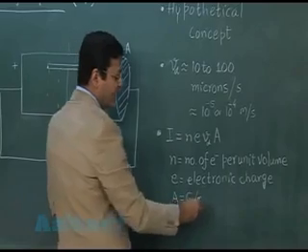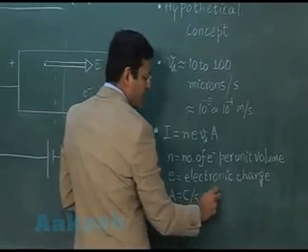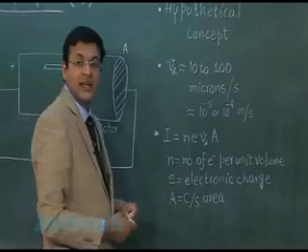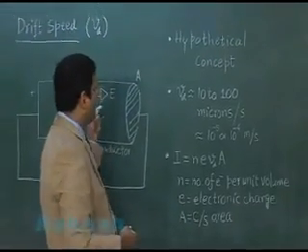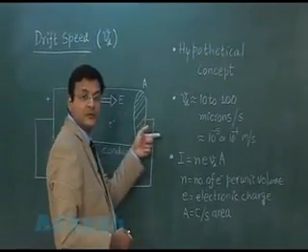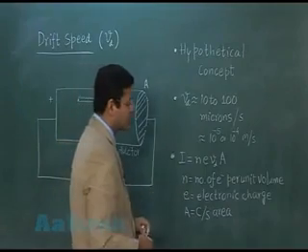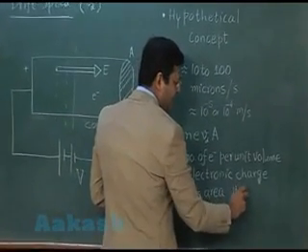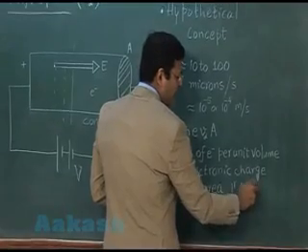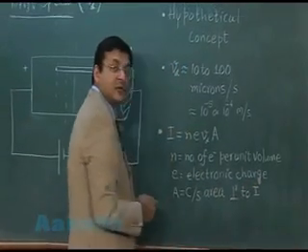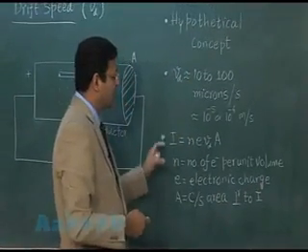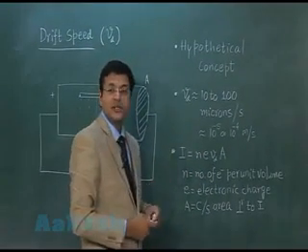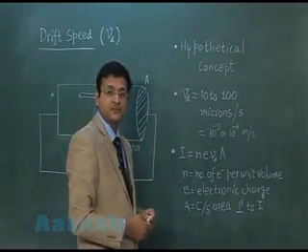This is cross sectional area. And be careful, this cross sectional area is taken perpendicular to the direction of current flow. This A is cross sectional area perpendicular to the direction of current flow. You understand? This is the formula you can derive. This is also an independent relation.